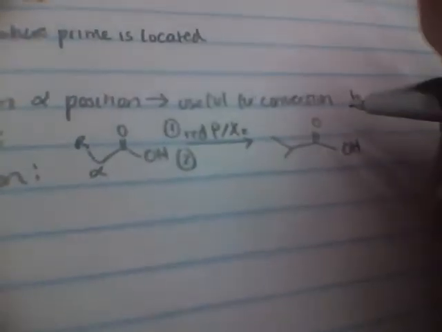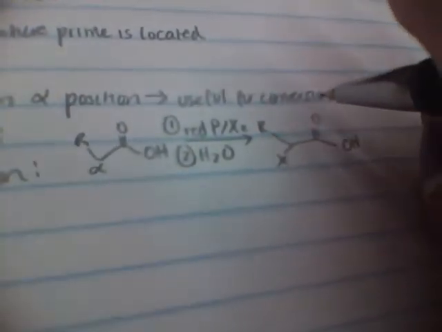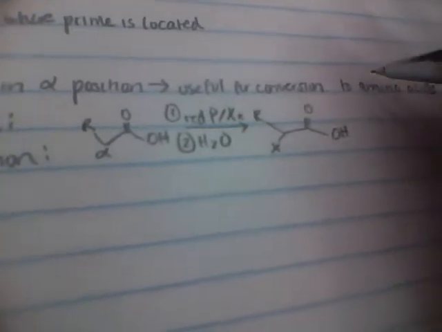Now, how does this work? This is not so simple. What happens is that, let's do it for bromine. Bromine plus phosphorus gives you phosphorus tribromide.